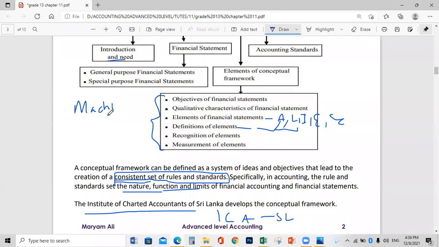How many products did you produce? What is the date you purchased this machine? You will give every piece of information about this particular machine. So you call this specific purpose. It is where you give information about this particular purpose. Are you clear now? The student who asked me, are you clear?